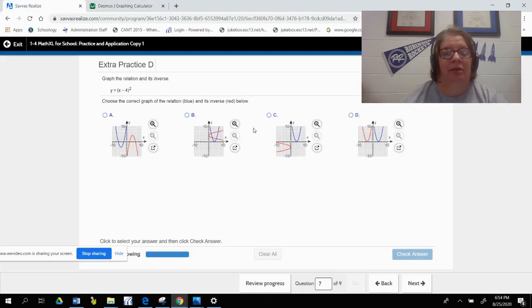Let's look back at that. That one has the right parabola, the blue one. But which one has them reflected over y equals x? It's going to be this one. It's not that one. That's not reflected over y equals x. It's not that one.